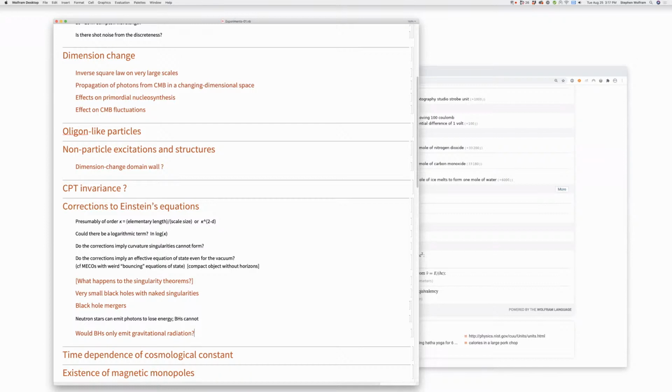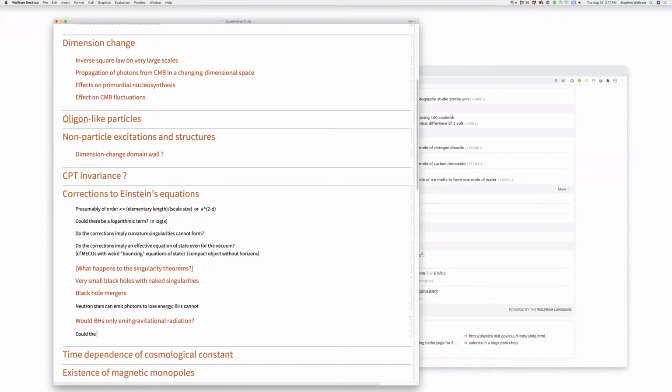So if there is a causal event horizon, could they emit dimensionons? The answer is yes to that, right? There's nothing that stops them changing the structure.